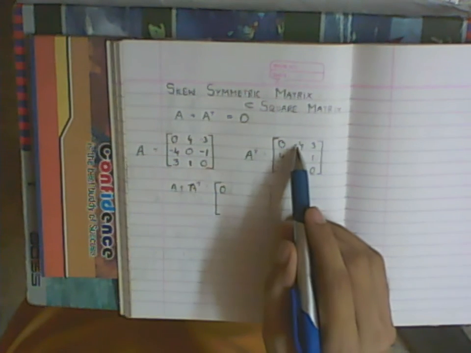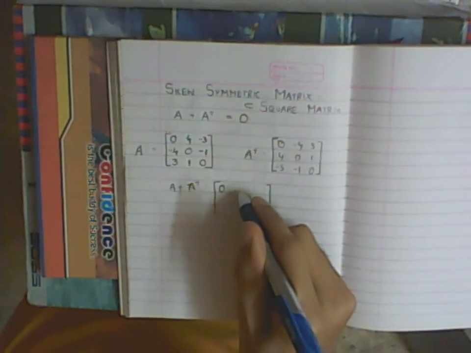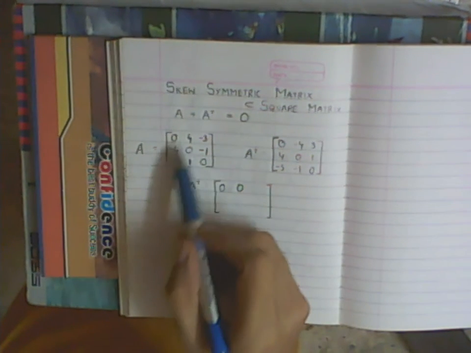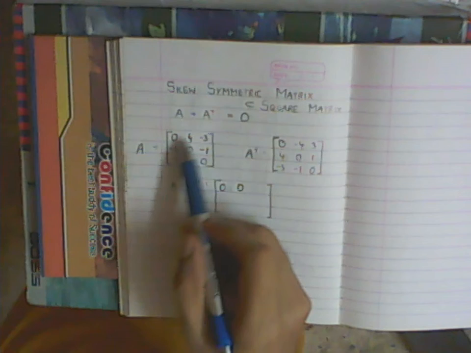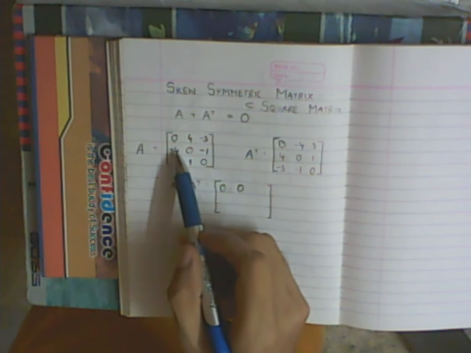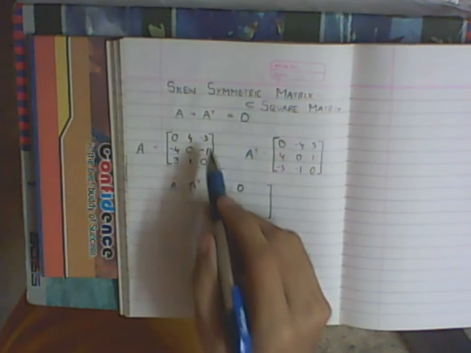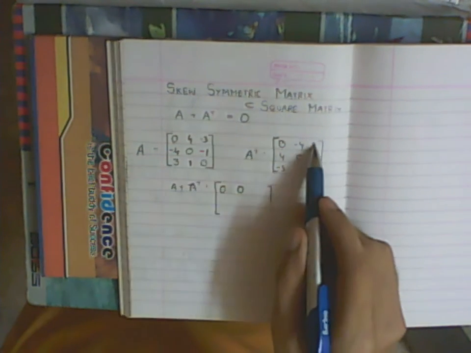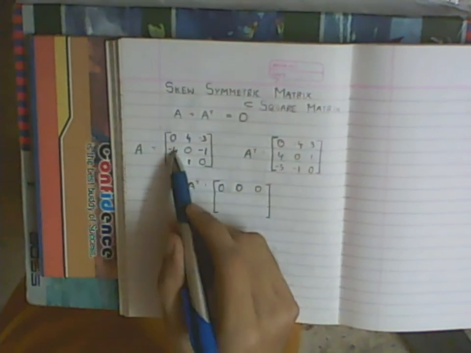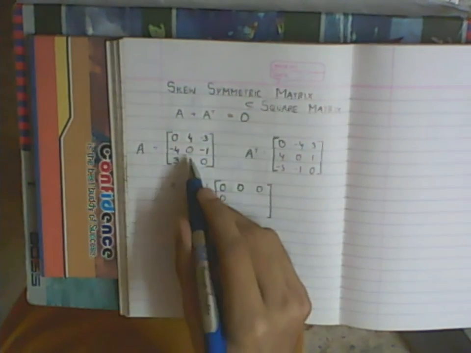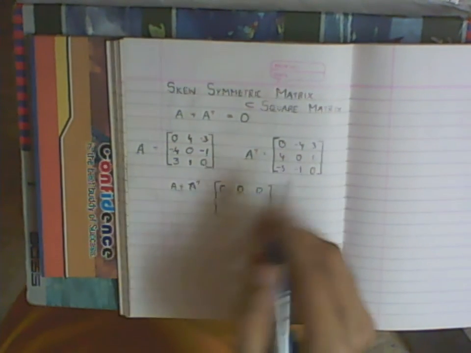4 and a negative 4 indeed gives you 0, and this is why it needed to be the negative version of that number. The diagonally opposite entry needed to be the negative version of that number. Negative 3 added to a 3 gives you 0, negative 4 added to 4 gives you 0, 0 added to 0 gives you 0.